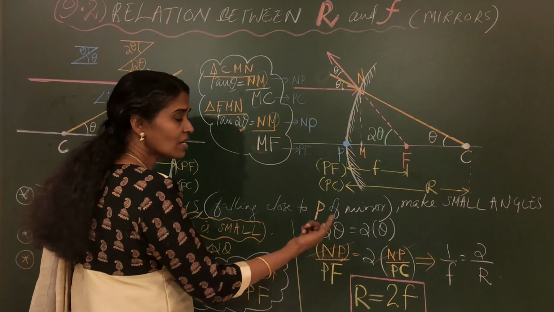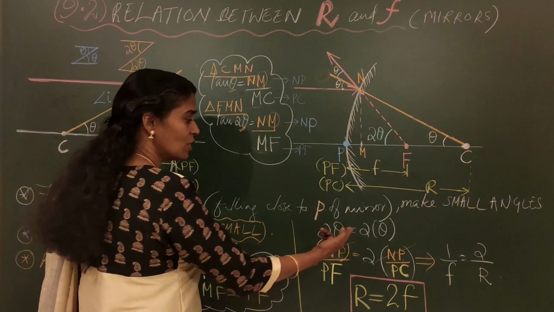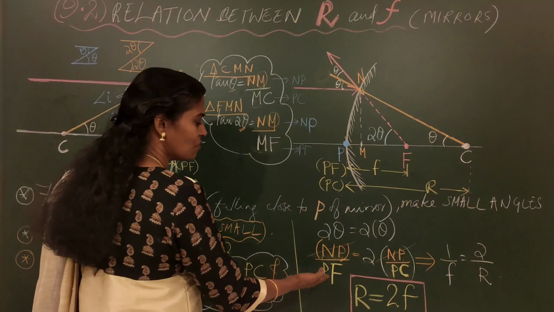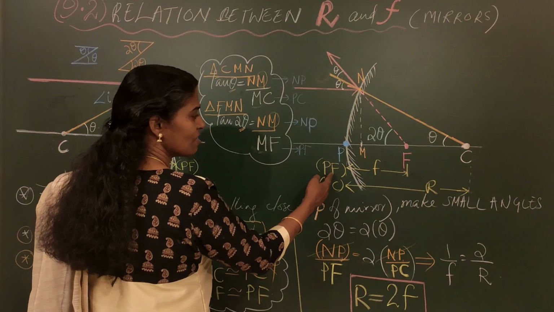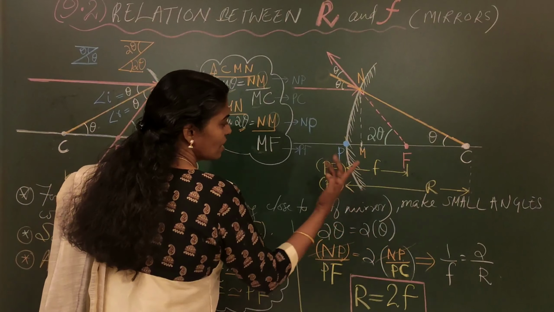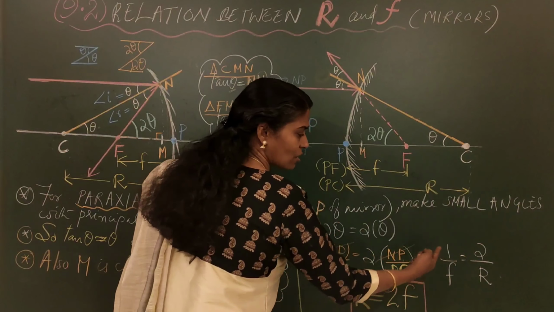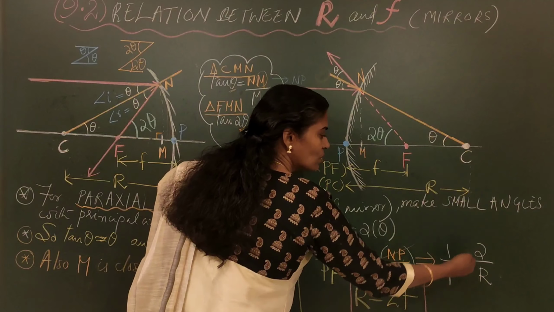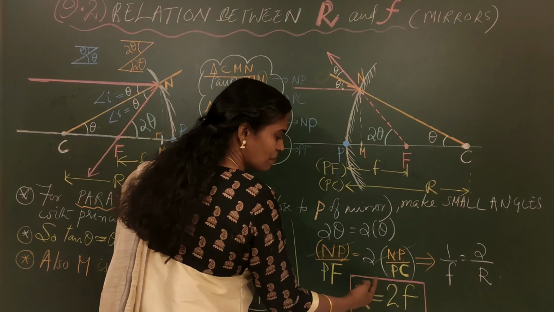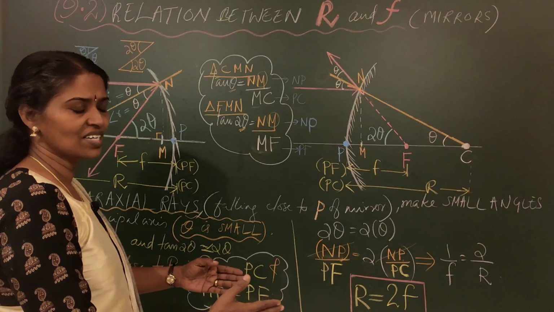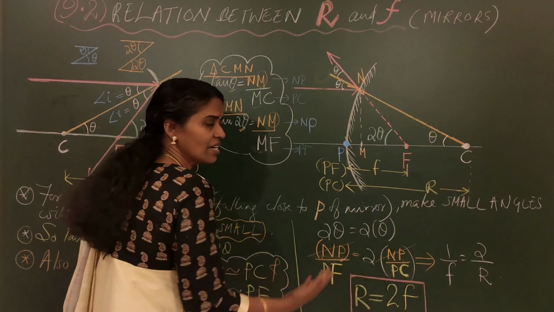Because what is 2 theta? 2 theta is simply twice theta. 2 times theta. Therefore, 1 by PF. What is PF? F. What is PC? R. So substitute: 1 by F is equal to 2 by R. Cross multiply. R is equal to 2F. So what is the answer? R equal to 2F.